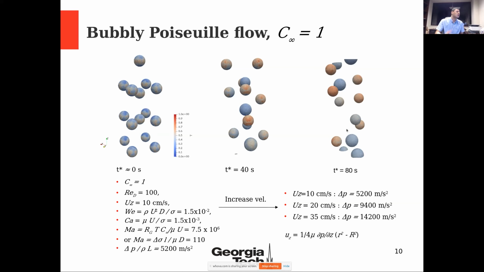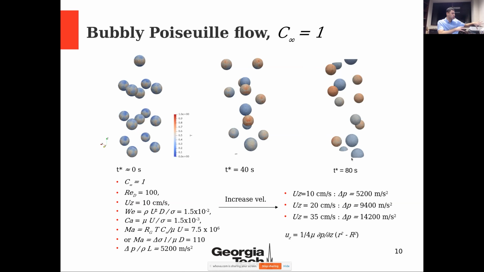So this coalescence is unphysical. It shouldn't happen; it is because of numerical error, because of parasitic currents at the interface, and because of the problem that we have with UF. But in general, the bubbles are very close to the axis.